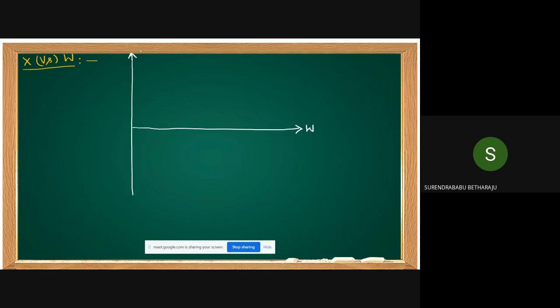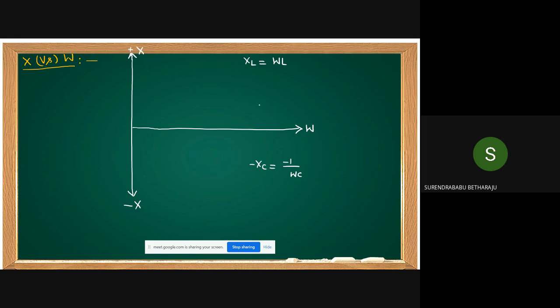This is plus X; plus X is nothing but positive reactance. This is minus X; negative reactance is nothing but capacitive. The capacitive reactance is minus XC equal to minus 1 by omega C. The inductive reactance is plus XL equal to omega L.